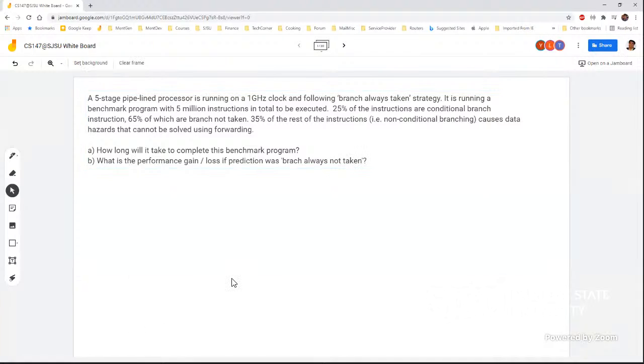So this two-part problem, let's do it in a group, and let's take 10, 15 minutes to discuss this problem among your peers. And let me move some people around in the groups.